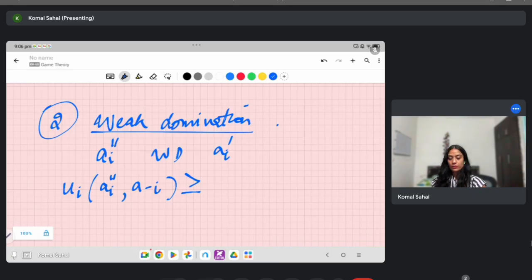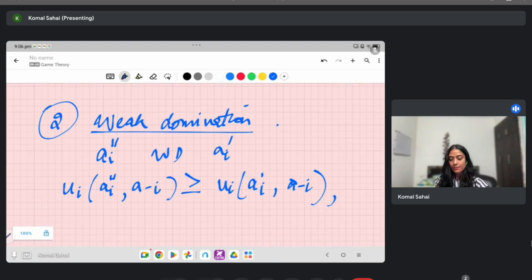Here it is greater than or equal. Then the utility that player i gets from a_i prime given an action choice of the other player, and this applies to all action choices of the other player.